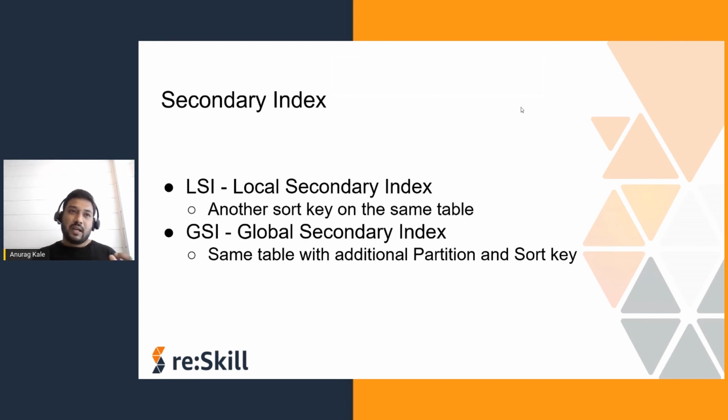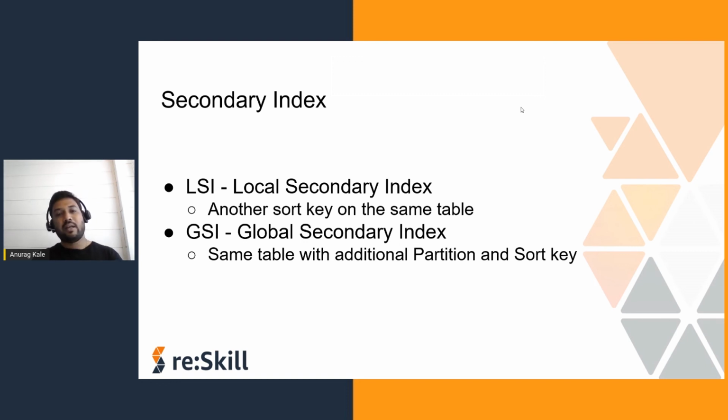But that kind of limits your capabilities of what can be done using DynamoDB. So there are two secondary indexes that you can create on top of your DynamoDB. The first is called a local secondary index, and the second is a global secondary index.